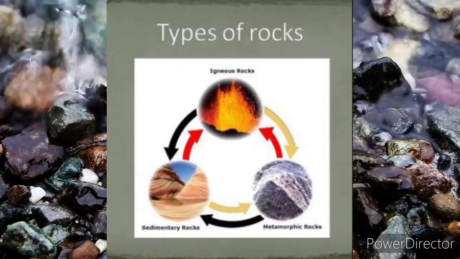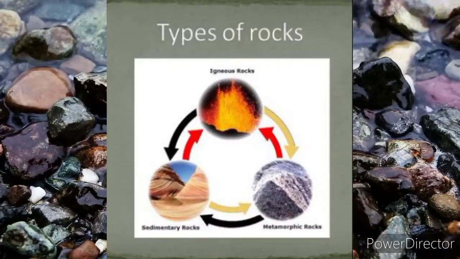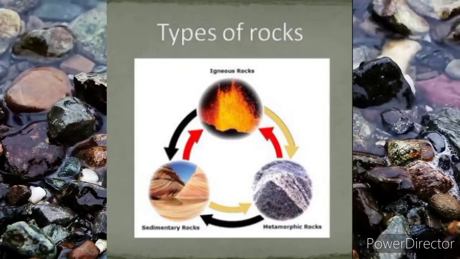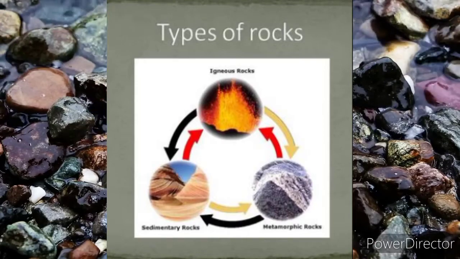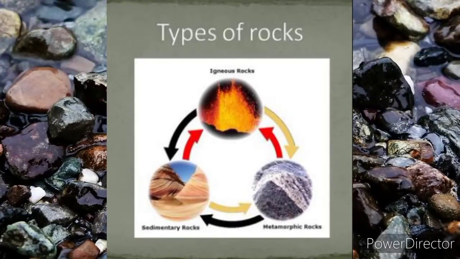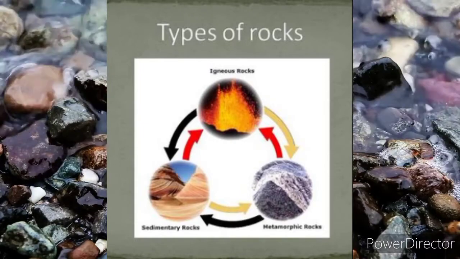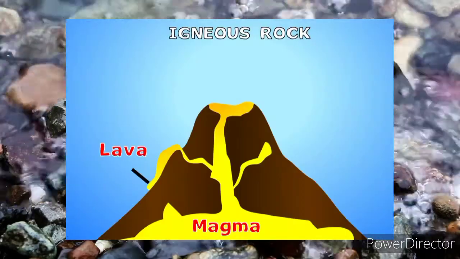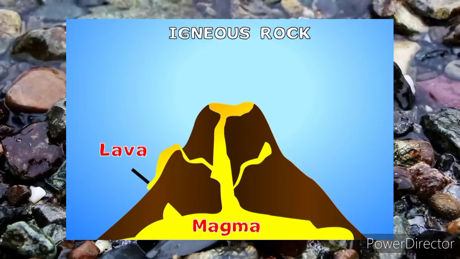So on the basis of their formation, rocks are divided into three main categories: igneous, sedimentary, and metamorphic. Each type of rock has its own characteristics on the basis of what it's made up of, its color, size, and texture. Igneous rocks. The igneous rocks are associated with volcanic activity.